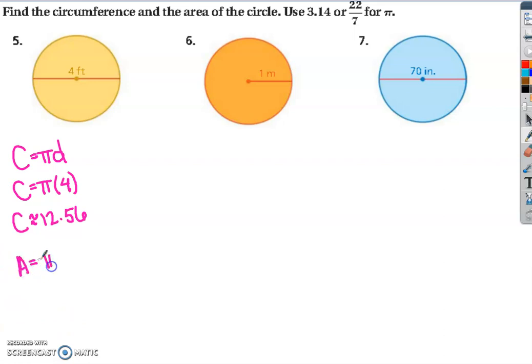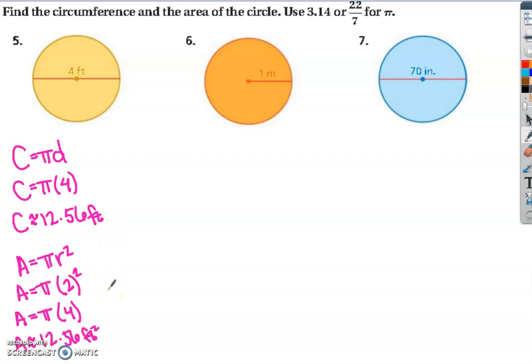Area is equal to pi r squared. They gave us the diameter here, and we need the radius. So the radius is 2. I'm going to evaluate those exponents and estimate the value of pi. Oh, and isn't that interesting? The circumference and the area are both the same on this circle.